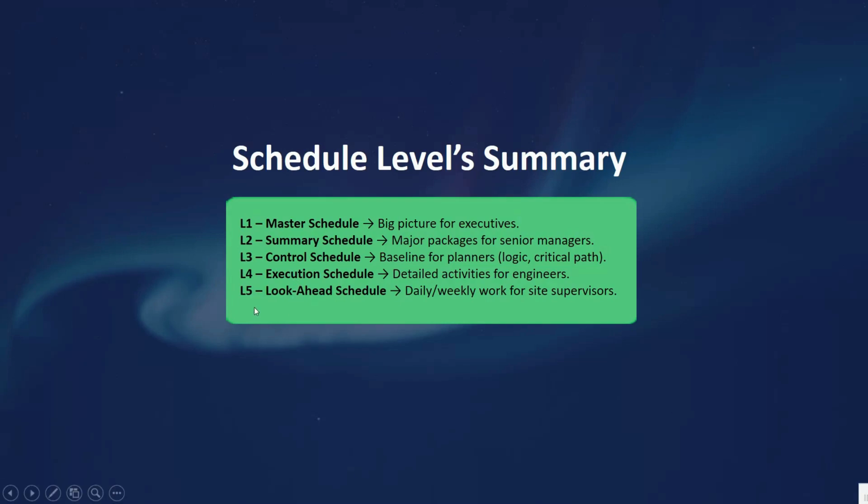Then in the last we have scheduling level five, the look ahead schedule, daily and weekly work for site supervisors. By the way, we use a lot of look ahead schedules when we work for the execution phase.